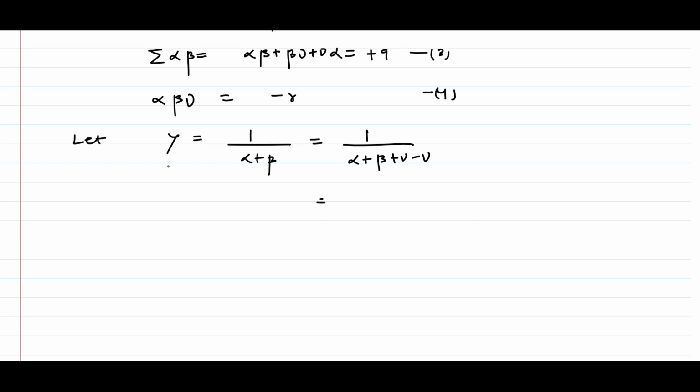So now here the sum of roots from equation 2 becomes negative p negative gamma, but gamma is the root of the equation f of x is equal to 0. So that is the value of x, that is gamma. So we can replace gamma by x, that is negative 1 by x, and it can be written as the value of x equal to negative 1 by y.